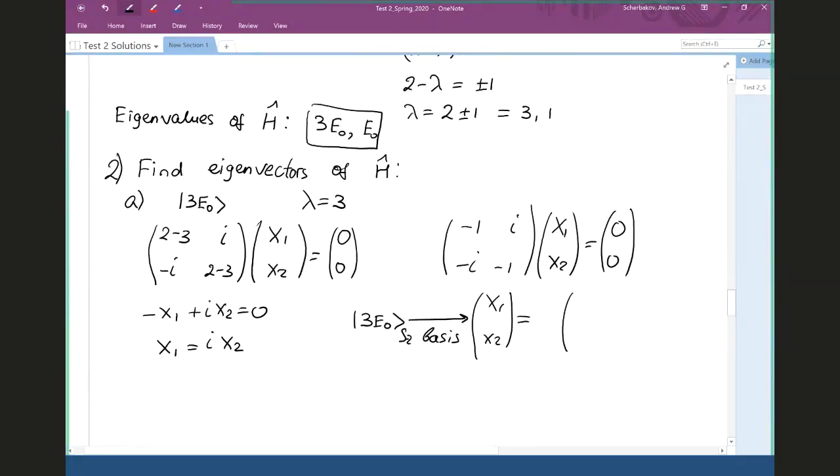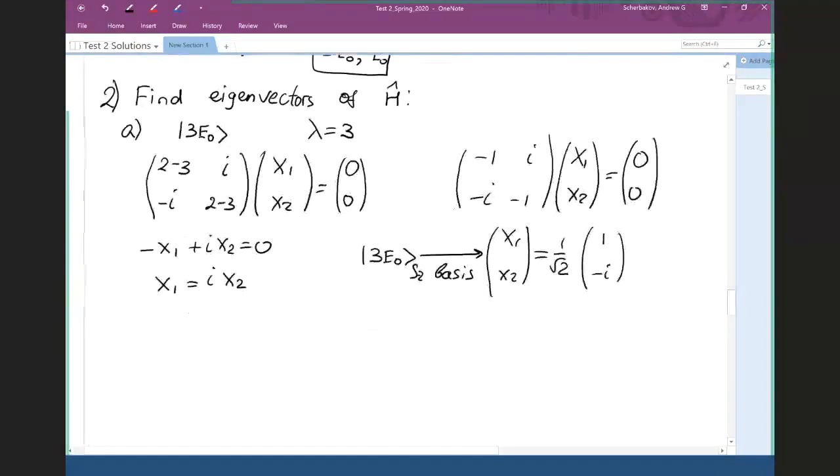If I take x2 to be negative i, for example, then x1 is going to be 1. And normalization, remember normalization? So this part I would probably skip. You probably know already by now how to normalize this. It's 1 over root 2 to make this vector properly normalized. Okay, so we're done with the first vector.